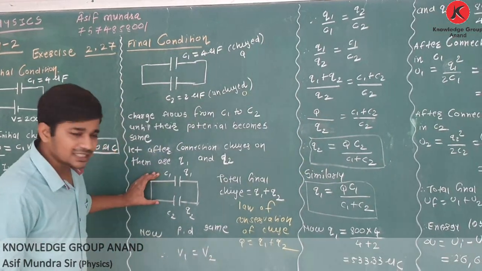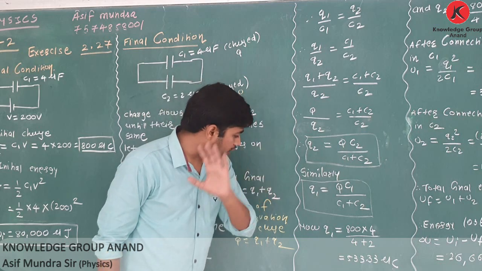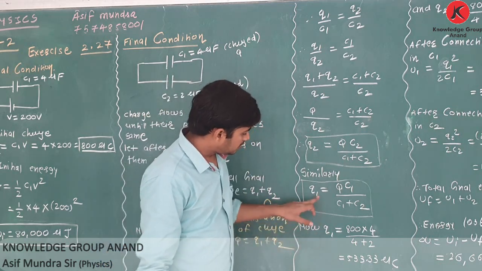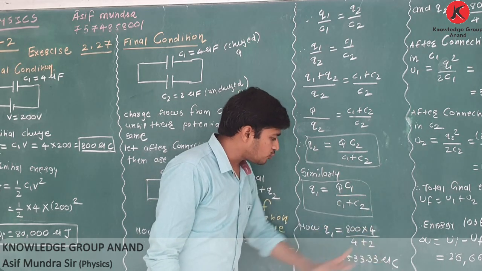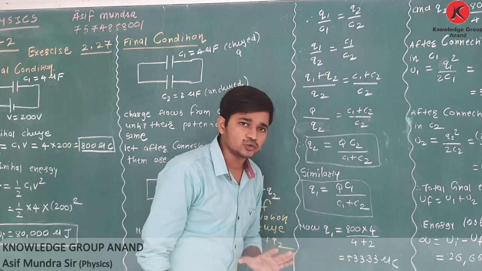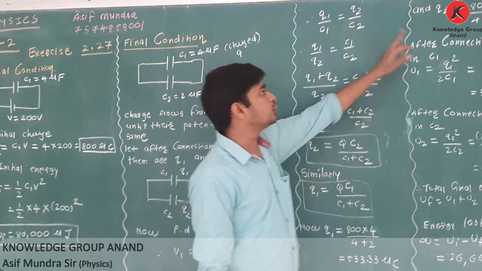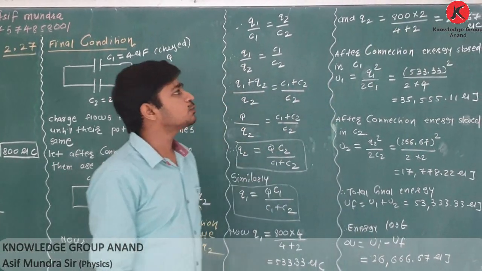If two capacitors are connected like this, these are the charges on them. Now Q1: total charge 800, C1 is 4, C1 plus C2 is 4 plus 2. Your answer will be 533.33 microcoulomb. Clear? Similarly, find Q2: 800 into 2 divided by 4 plus 2 is equal to 266.67.